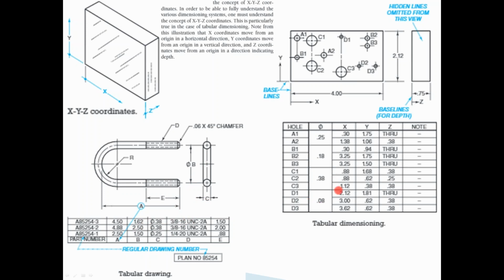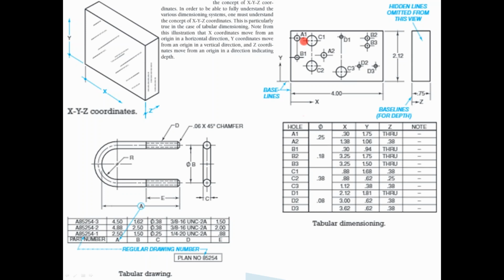This is a good example of tabular dimensioning, where you have a very complicated component that needs to be manufactured, and because you have a few different parts, you have to specifically say for A1, A2, B1, B2, and so on, C1 to D3, they give you a different dimension.